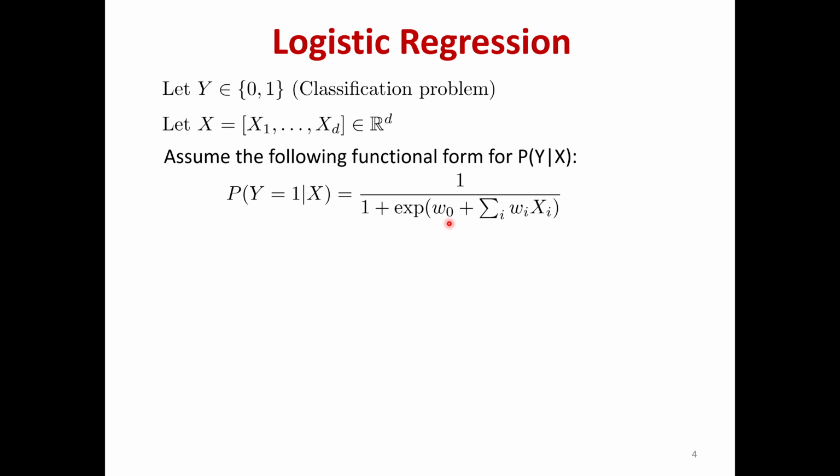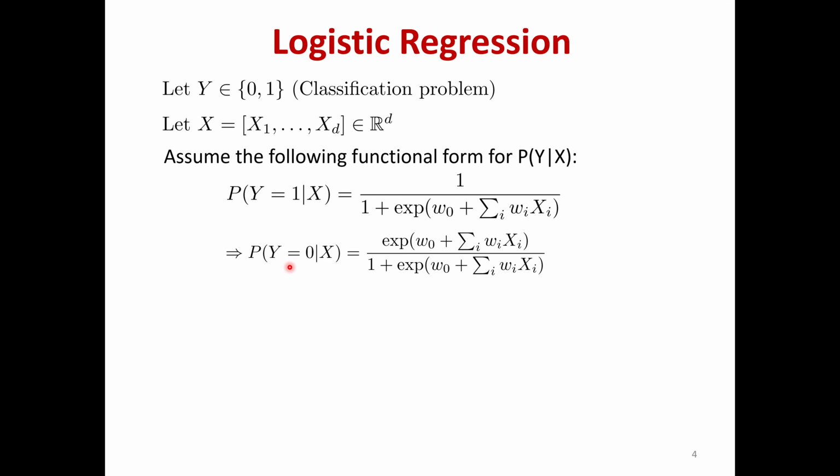If we already know what the probability of P(y=1|x) is, then of course we also know the probability that y is 0 given x, because the sum of these two terms has to be 1.